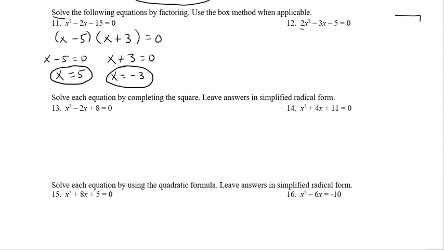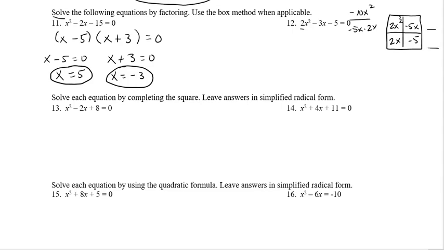Number 12, I'm going to use the box method, or if you prefer, you can use the AC method. So 2x squared times negative 5, multiply those together, that's negative 10x squared. And the factors of negative 10x squared that add up to negative 3x are negative 5x and positive 2x. And those go in the other empty spaces.